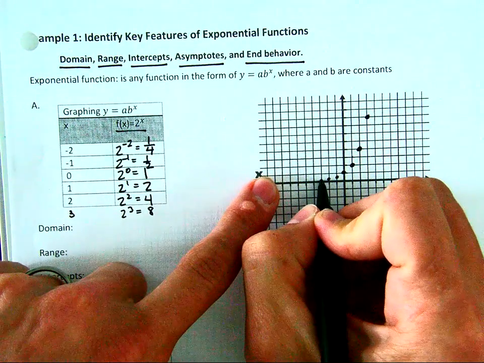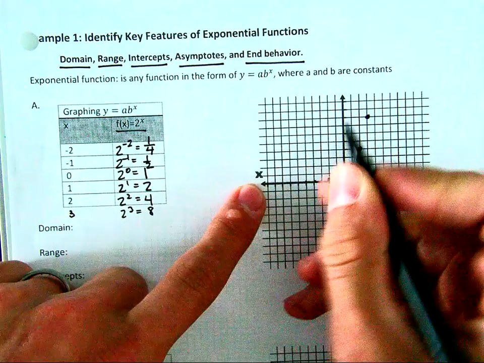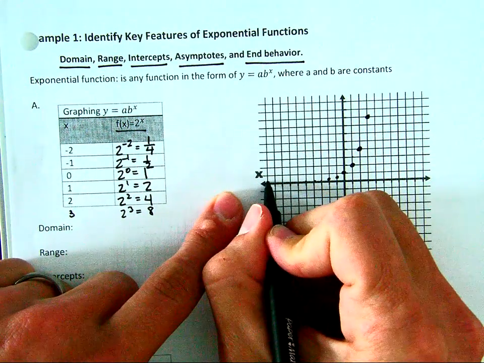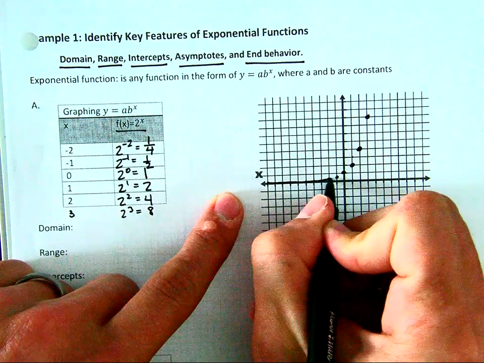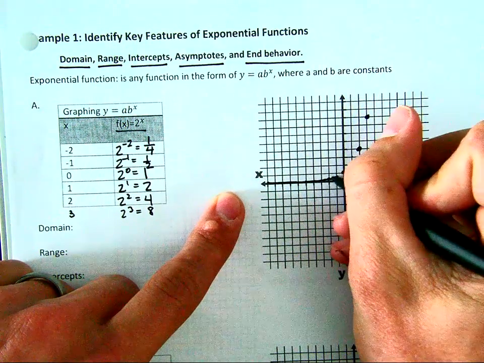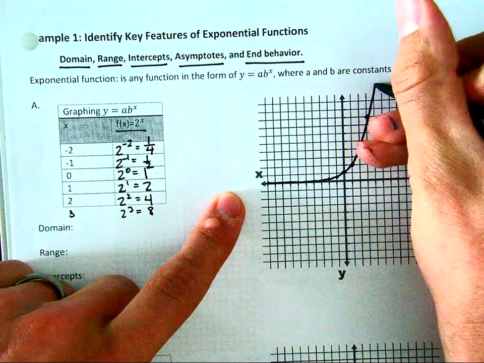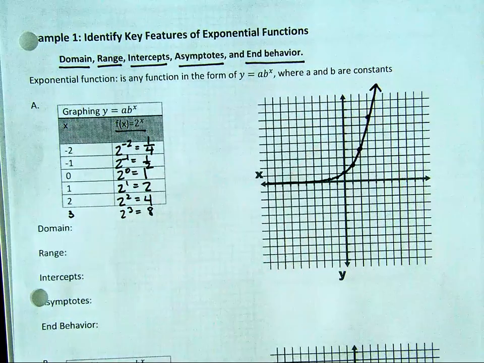And one of the things about that, though, is because it's going to half, this line is never actually going to reach 0. And so that's going to help us with some of our key features here in just a second. Okay, so that's what our graph looks like, and we'll start to identify those key features as we go on.